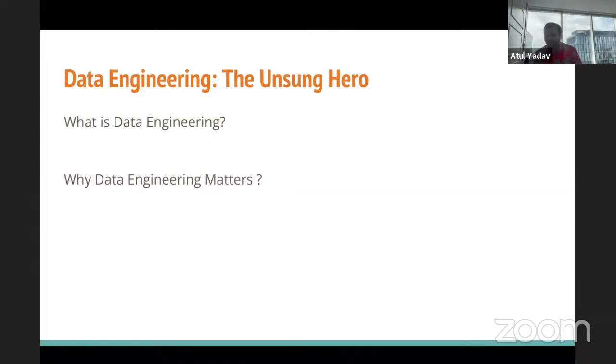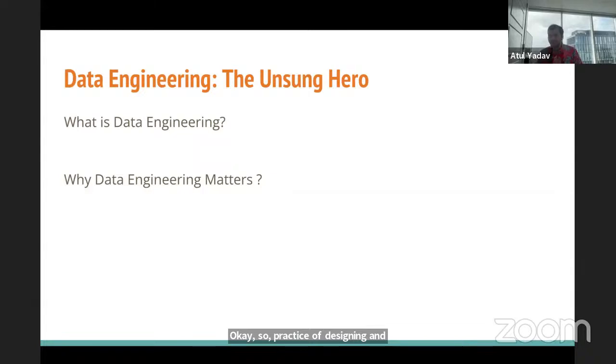Okay, managing and organizing data, good. Generating good data from raw data, yeah, good, Dipankar, nice. The practice of designing and building systems, nice.